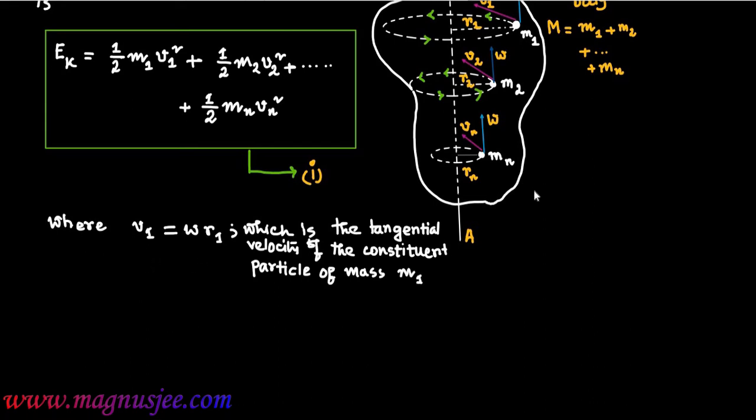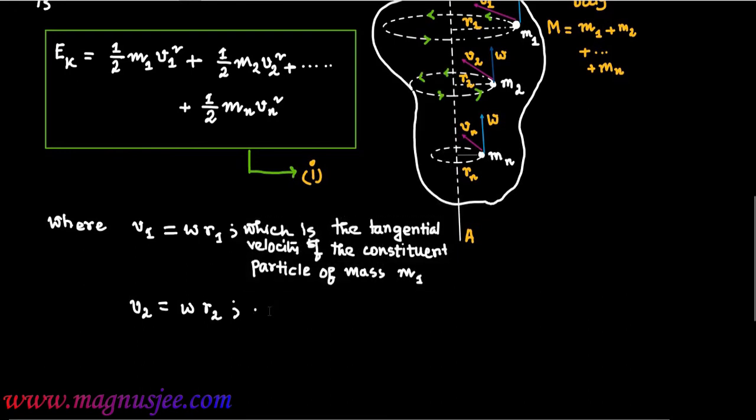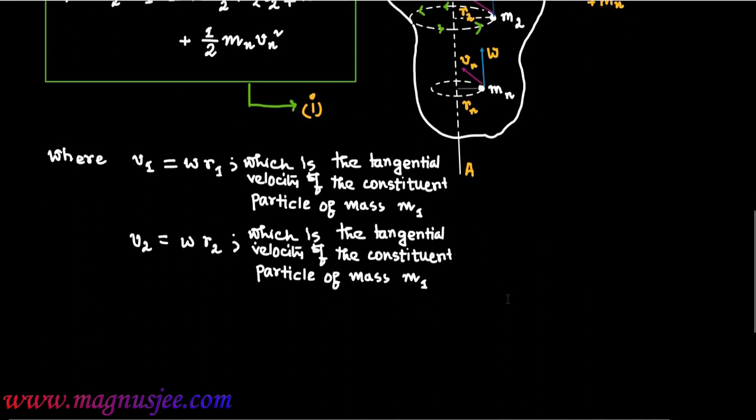Similarly, v2 equal omega r2, which is the tangential velocity of the constituent particle of mass m2.